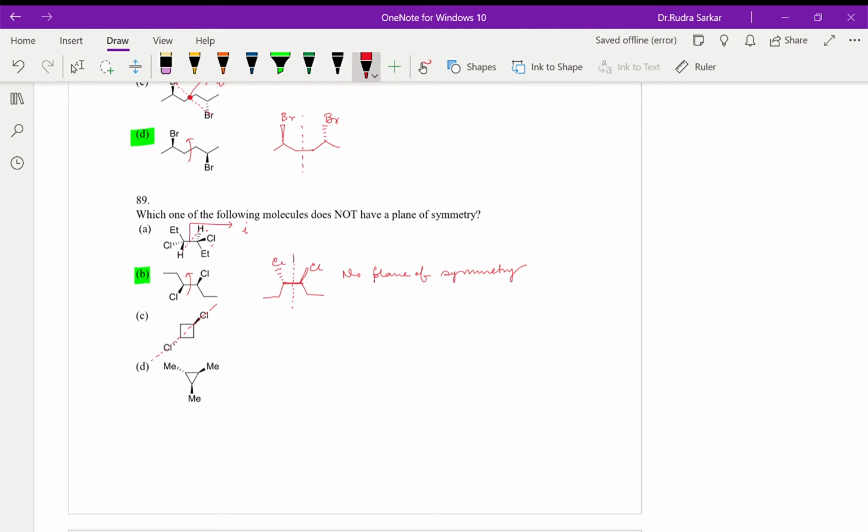Or one can say that there is an inversion point over here for the molecule, that is i or center of symmetry. So my rule was, for a molecule that has an inversion center, we can think there is also a plane of symmetry.